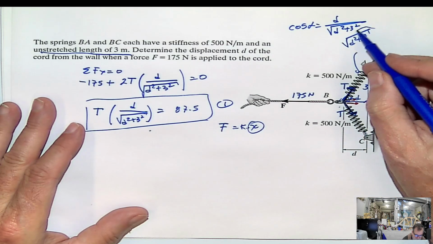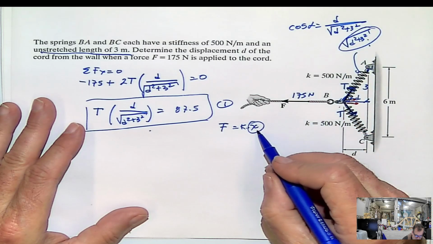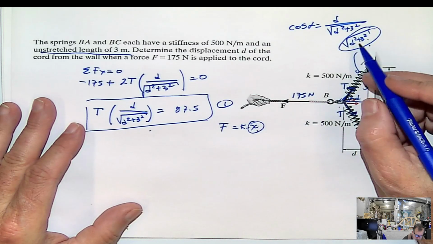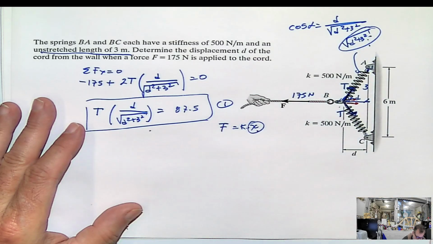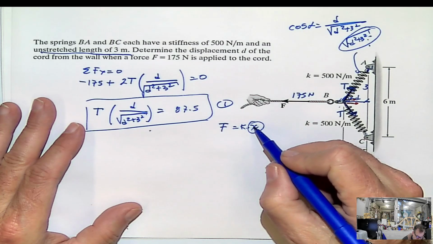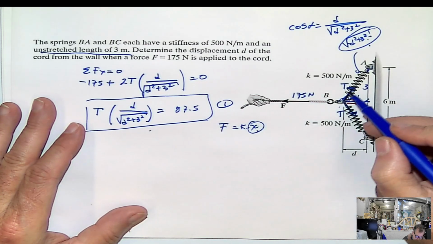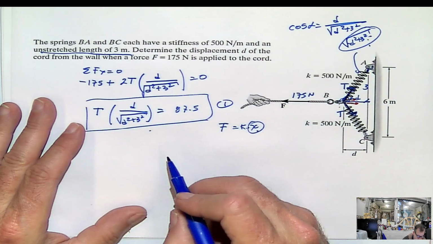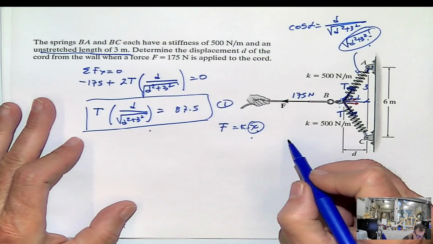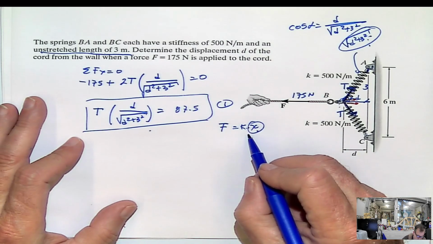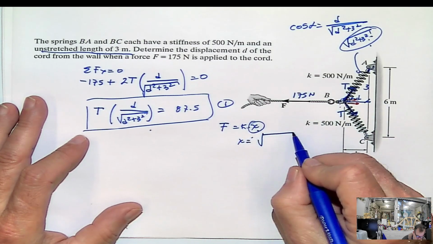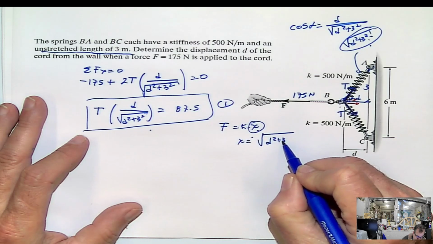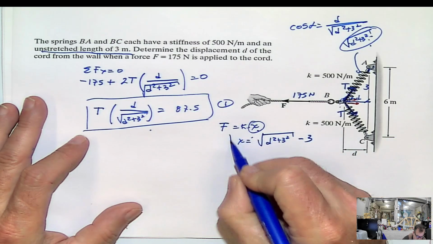That stretched length is this. The stretching of the spring will be the stretched distance minus the unstretched distance. So x will be equal to square root of d squared plus 3 squared minus 3.